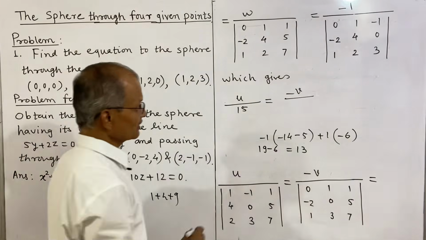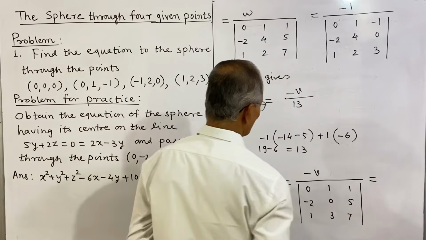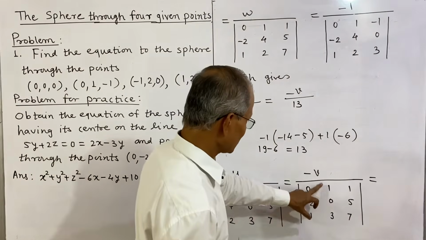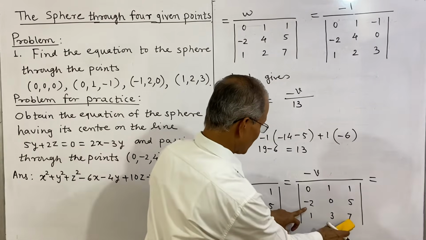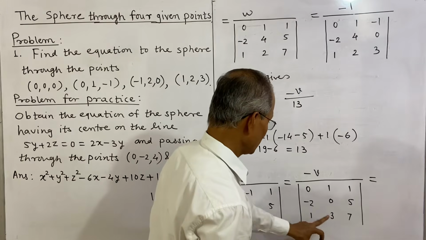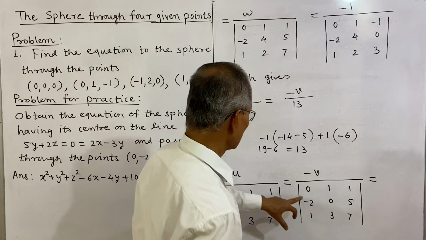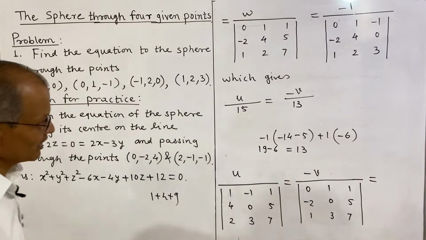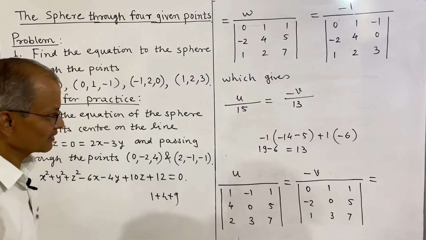So this is 13. We should check these numbers. Then it is minus 1, minus 14, minus 5. Then it is 1, then that is minus 6. So minus 14 minus 5 is minus 19, and that multiplied by minus 1 is 19 minus 6, which is 13.